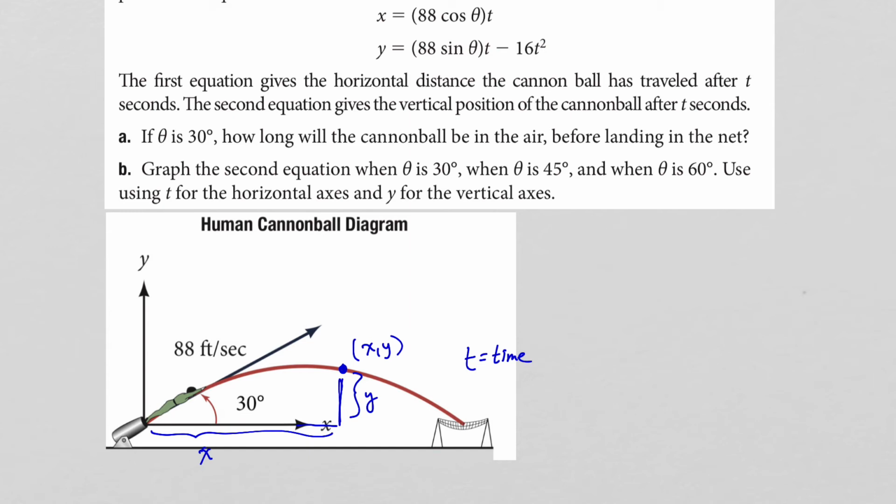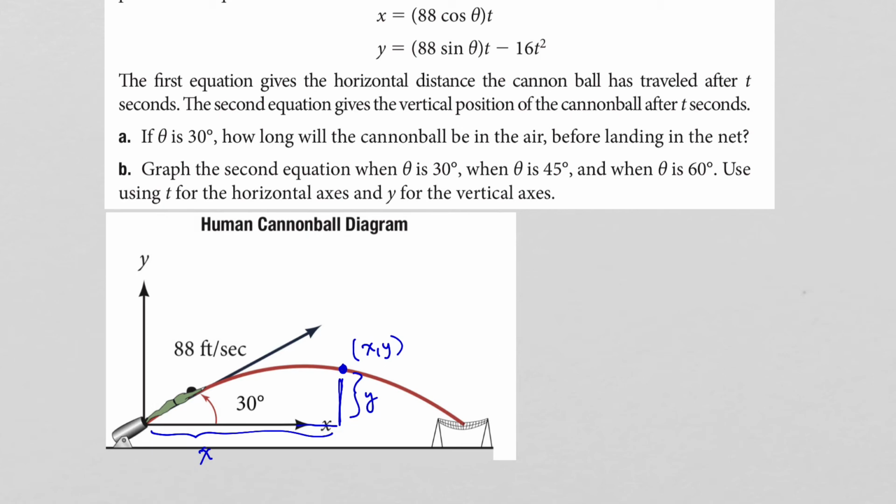In terms of the graph, notice that you do not see the variable t at all in this graph. It's nowhere to be seen physically. The only thing you can see is the human cannonball traveling through the air, and you can see the horizontal distance that has been traveled and the vertical distance that has been traveled. So this parameter t, which stands for time, is invisible.